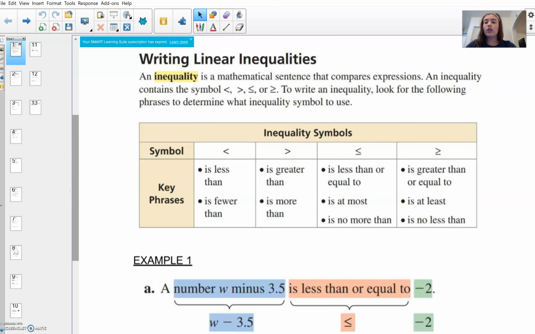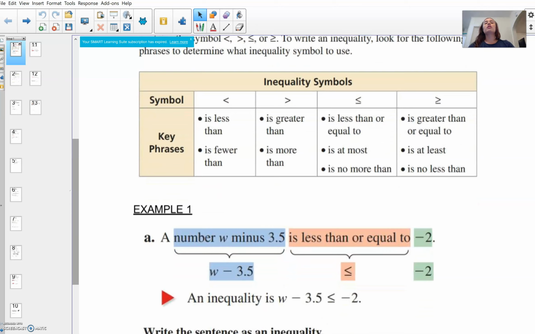So this is a really great chart to reference because it tells you that this less than symbol, when you are rewriting like in example 1, statements as inequality expressions, you're going to look for words like less than or fewer than. And then for the next symbol, greater than or more than. And then for the next symbol, less than or equal to, but also at most or no more than. And then at least and no less than and greater than or equal to for the last symbol.